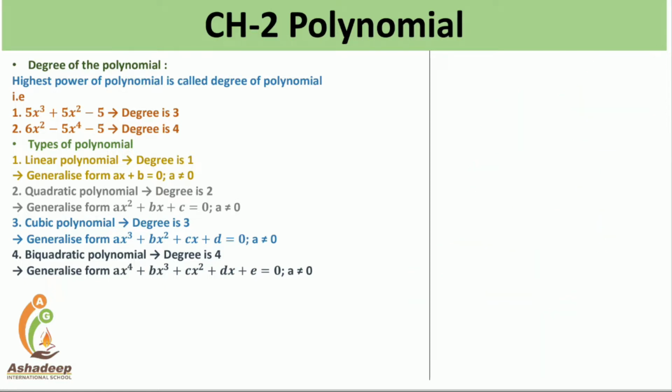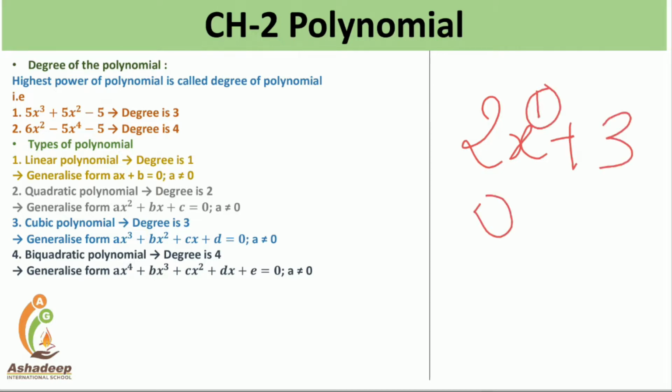Now, types of polynomial. If we are learning polynomials, we must know the types of polynomial. Let us start with the linear polynomial. Linear polynomial means the degree is 1. If I write 2x plus 3, the highest power is 1, so the degree is 1.